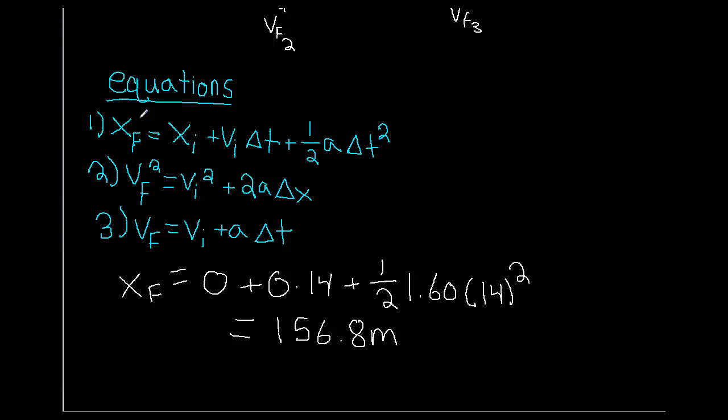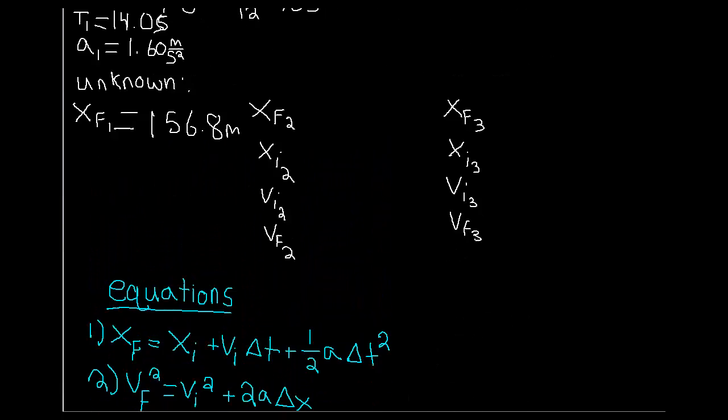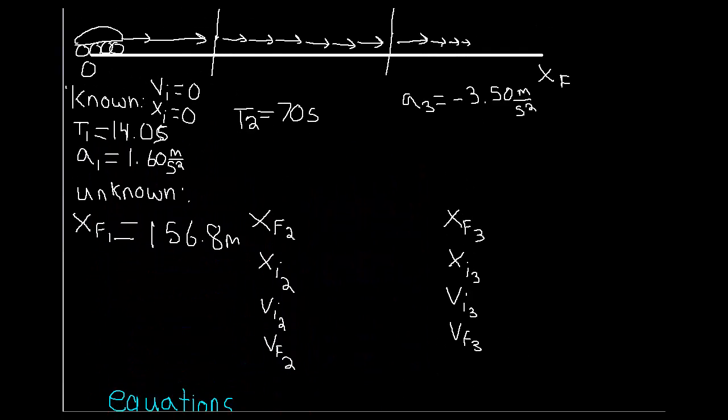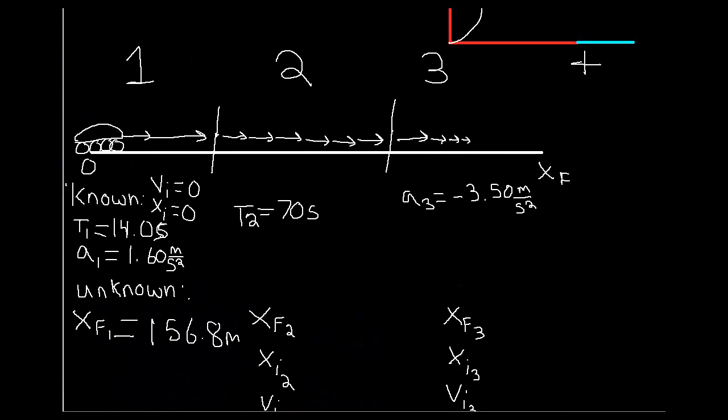We can do that by using another kinematic equation and the information given to us for stage 1. What we'll use is this third equation here, because we want to find the final velocity of stage 1, which will be our initial velocity for stage 2.